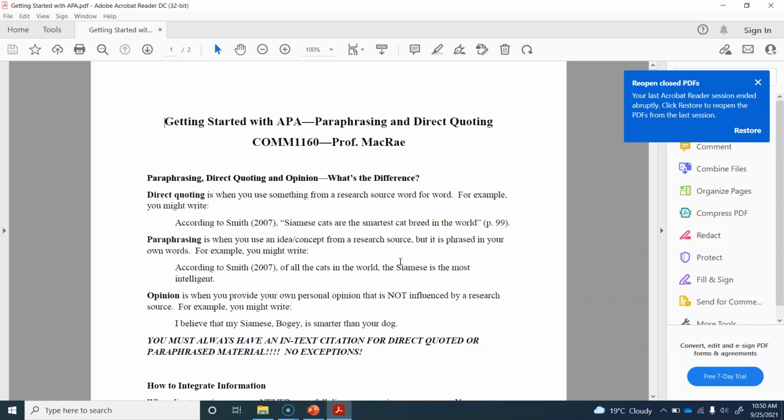That's why in videos coming up, we're going to really focus on how you construct those in-text citations. Okay, so it's not optional. The only time you're not going to be using in-text citations is when you're providing pure opinion about something. And again, I think if you look at the examples about Siamese cats, you can really see the difference between direct quoting, paraphrasing, and providing opinion.